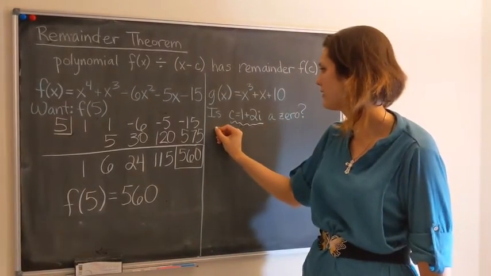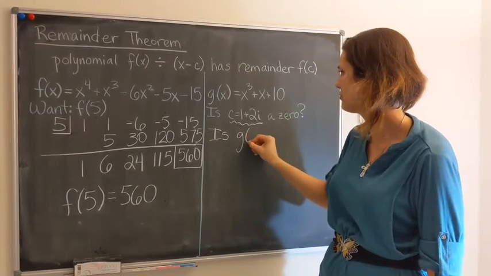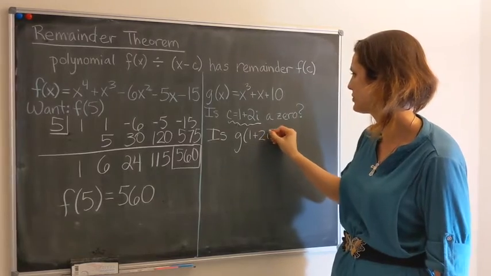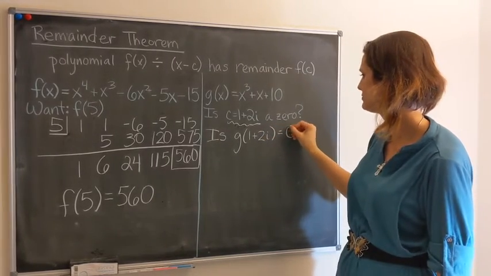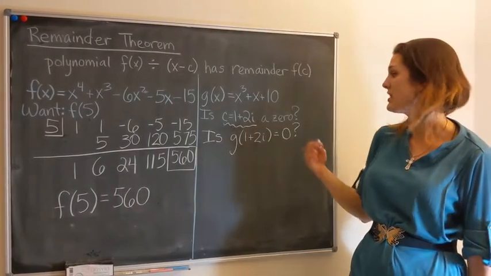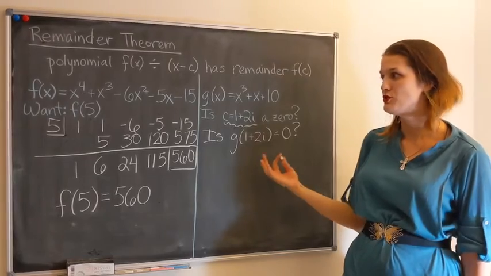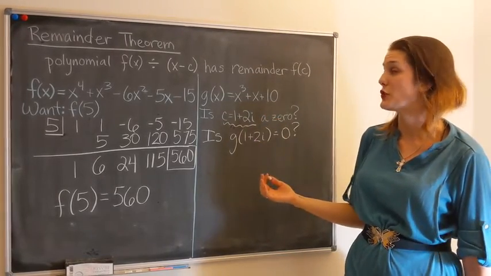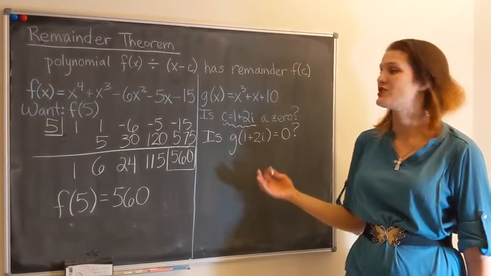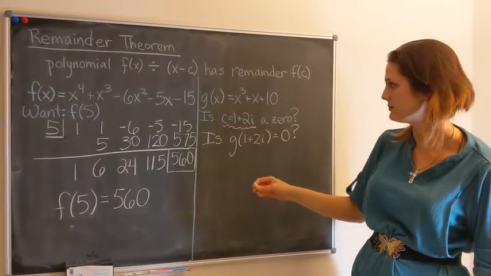That would imply that g of 1 plus 2i is equal to 0. So that's the question we want to ask. And we can evaluate g at 1 plus 2i using synthetic division and the Remainder Theorem, which is a lot easier than having to raise 1 plus 2i to the third power.